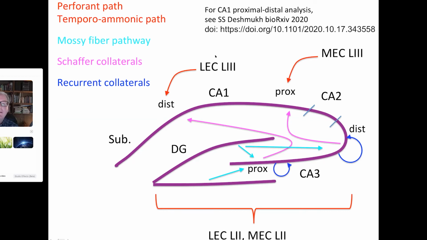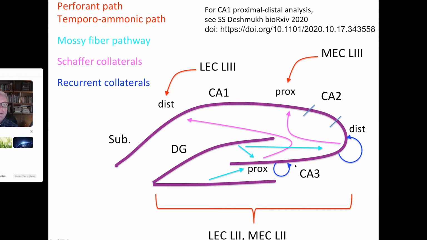It's as if this bidirectional connectivity between lateral entorhinal cortex and distal CA1 wants to get pattern separated input from the dentate gyrus, whereas this part of CA1, which is bidirectionally connected with the MEC, wants to get input that is biased towards pattern completion. So we often talk about pattern separation and pattern completion as complementary, competing processes. This model suggests actually we can have our cake and eat it too.